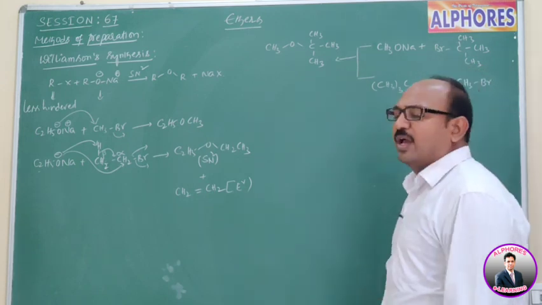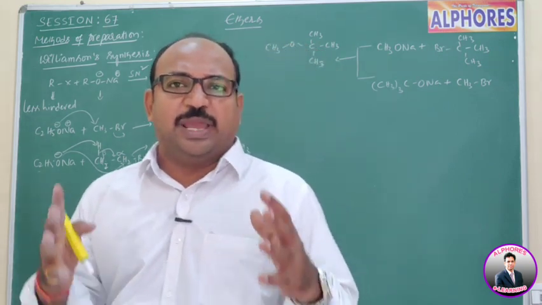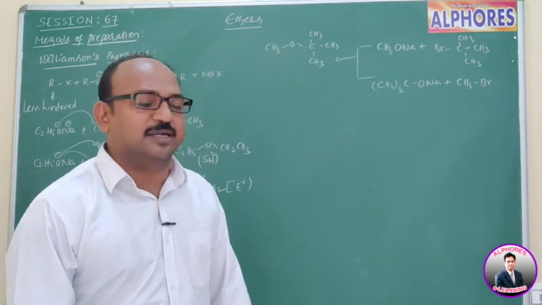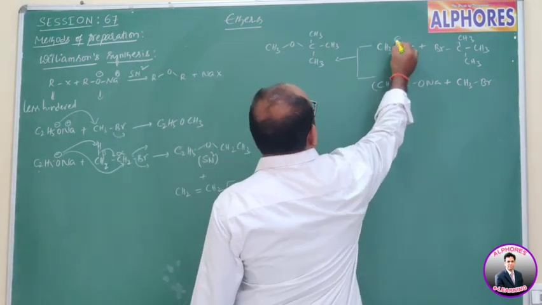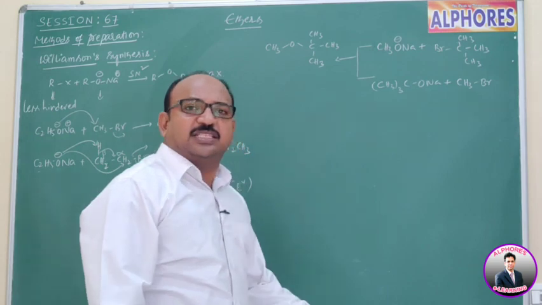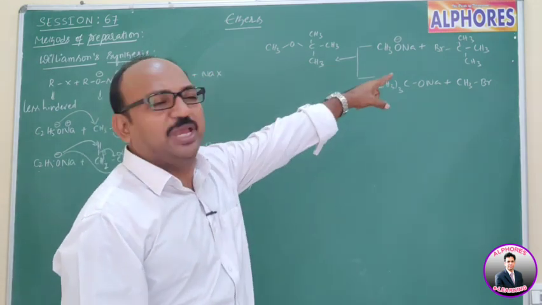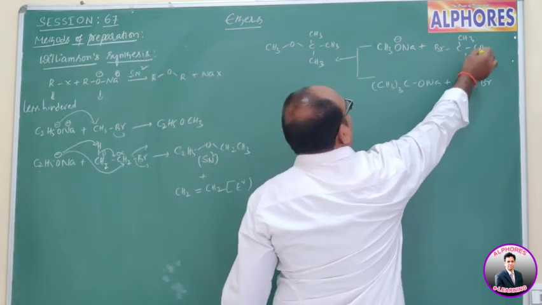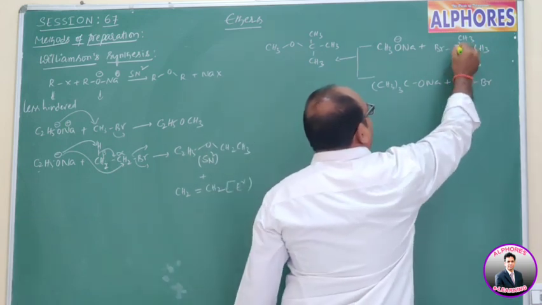In which way does the reaction proceed, or in which way do we get the maximum amount of tertiary butyl methyl ether product? Let us consider the first way. In this case CH3O minus is a strong base. Now it has to approach the Br containing carbon, but here the Br containing carbon is surrounded by bulky groups. That means this one has more hindrance.